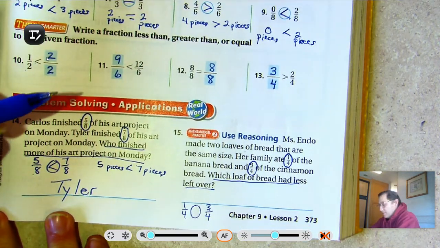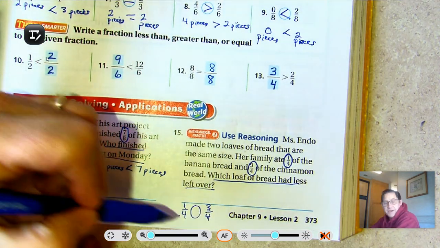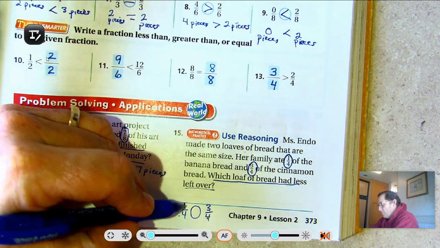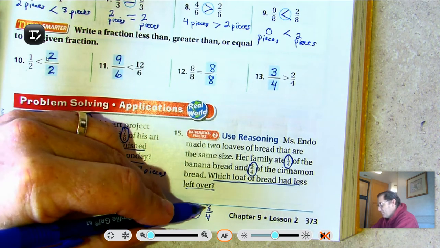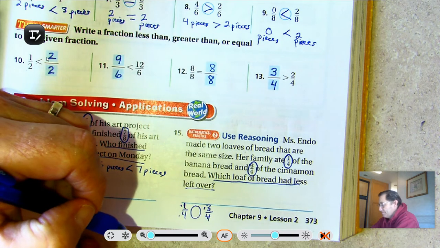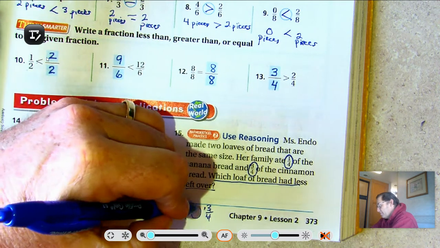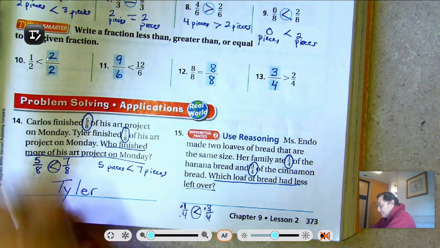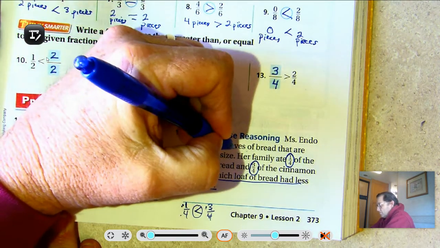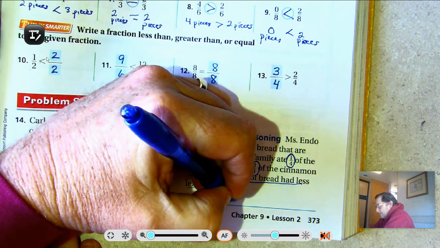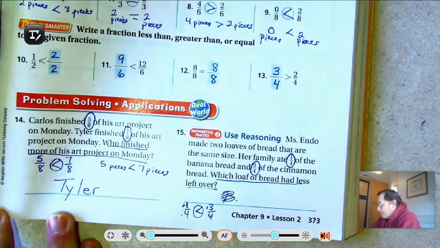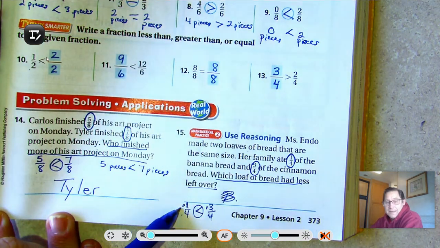So again, we have same denominators. This one we have 1 piece was eaten. This one has 3 pieces that were eaten. This one's going to have more pieces left because less of it was eaten. So the banana bread's going to have more left over, right?